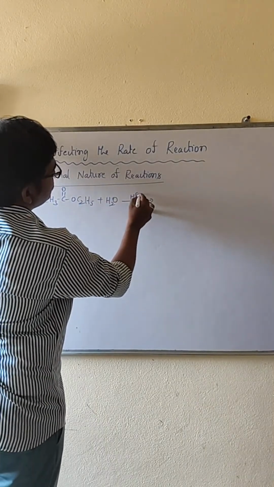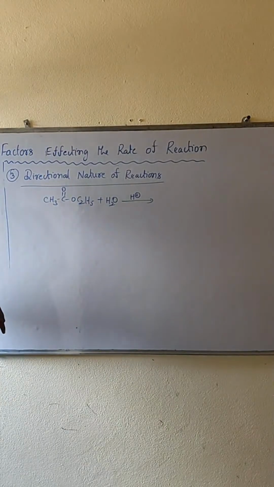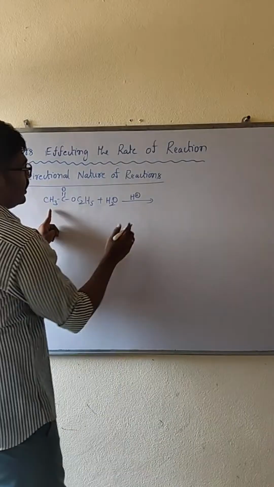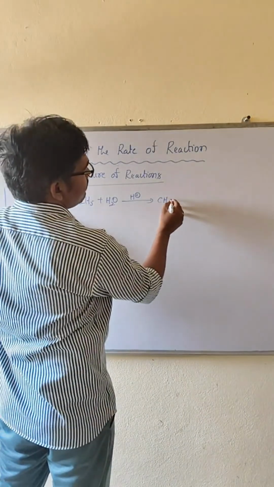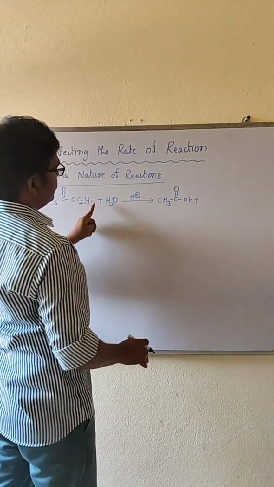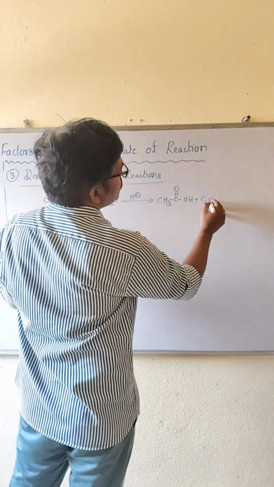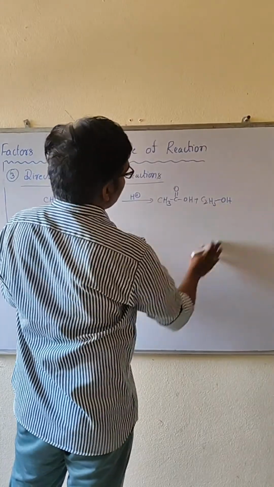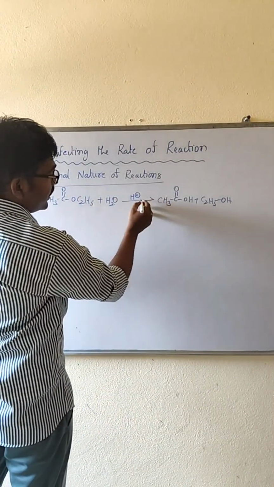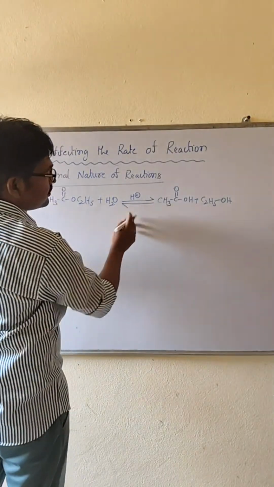This gives CH3COOH plus C2H5OH. In the presence of acidic medium, it is a reversible reaction.